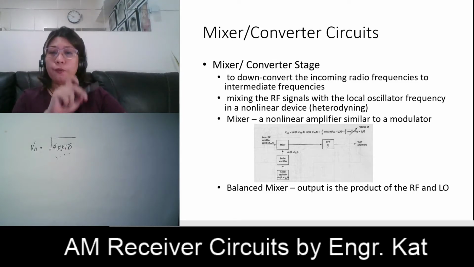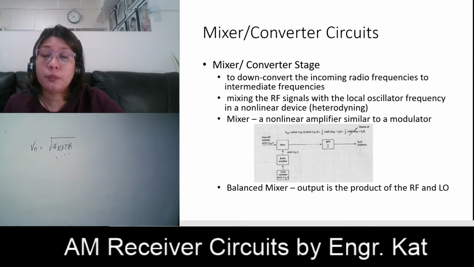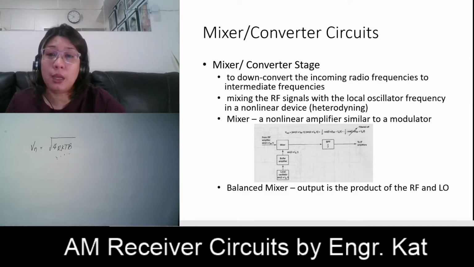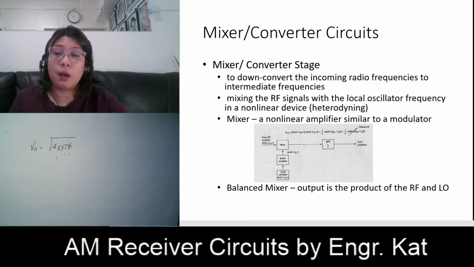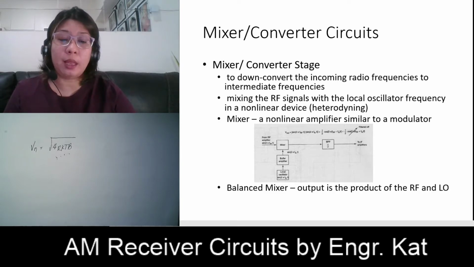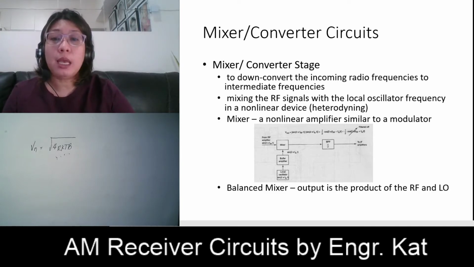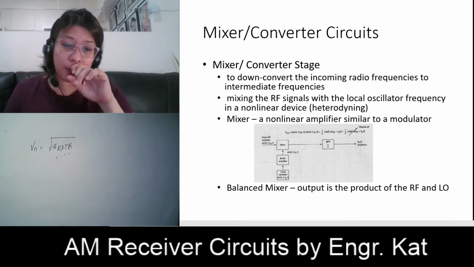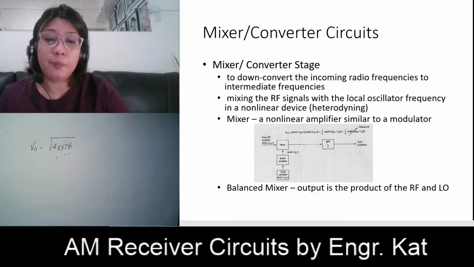The purpose of our mixer here is mixing our RF signal coming from the antenna and the signal from our local oscillator. The two input signals to be mixed are the local oscillator, which is equivalent to sine of 2 pi f_L t, and our RF signal, which is equivalent to sine of 2 pi f_R t.